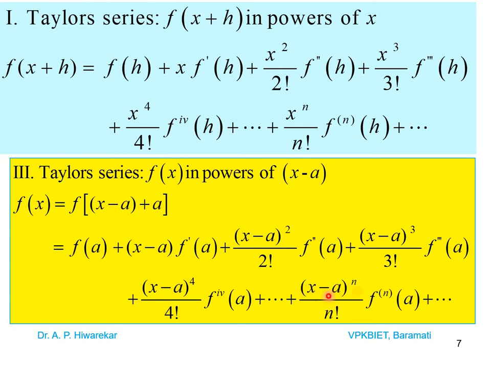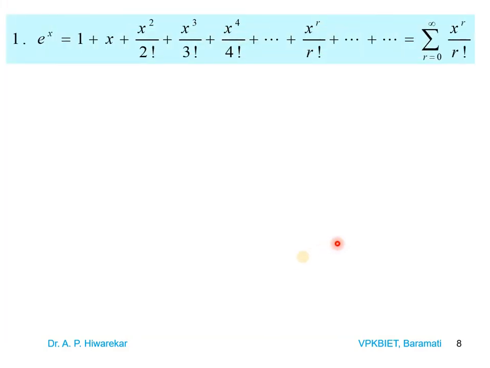The general term will be x minus a to the power n divided by n factorial into fn dash at a, and it is an infinite series. That's why it is plus and so on. So these three results are the most useful. Then based on these three results, we will try to find series expansions of standard functions.